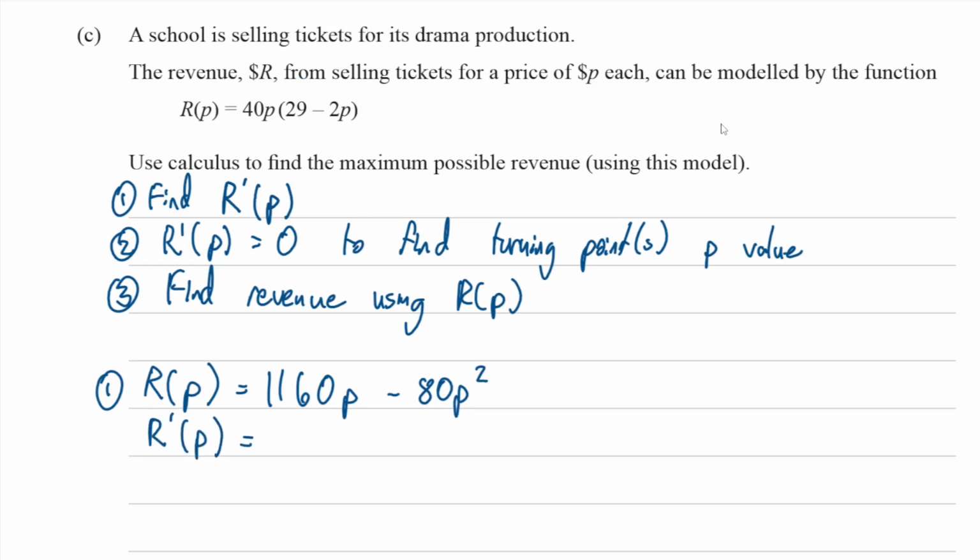So R prime of p: the derivative of 1160p with respect to p is 1160. The derivative of minus 80p squared: 2 times minus 80 is minus 160, and then subtract 1 from the power. Alright, so we found the first derivative.